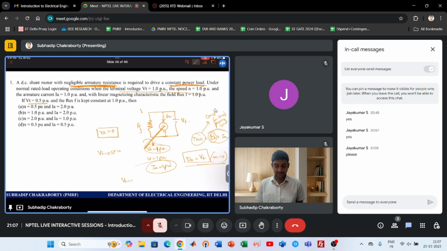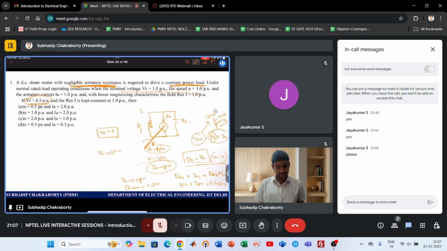Now you have seen that this is the case. Voltage is 0.5 per unit now. So what is the new EB? EB new is also 0.5 per unit. Now what will be IA? Initially EB1 into IA1 should be equal to EB2 into IA2. EB1 is 1 per unit, IA1 is 1 per unit initially. But since the load is constant power, once EB2 is 0.5, as given in the problem, VT equal to EB because RA is almost 0.